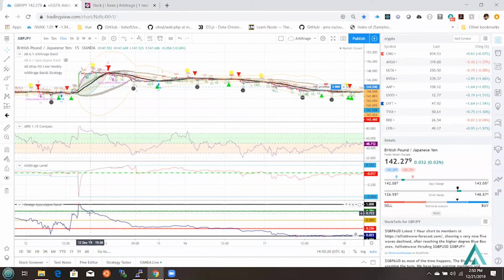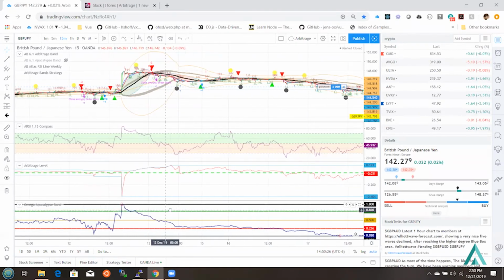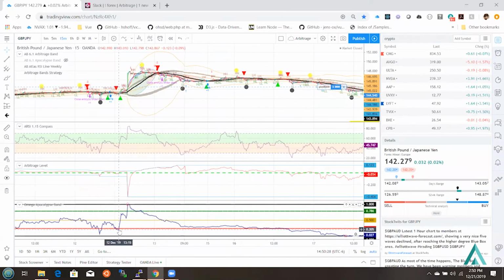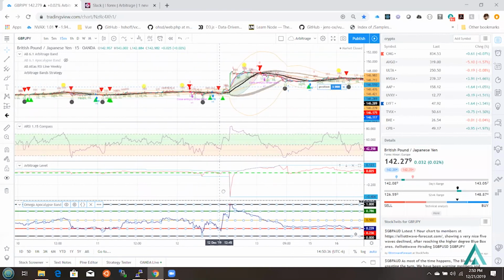So I see him going here. That's a sell signal. The moment I see the blue line go underneath the green, it's a sell signal. The moment I see it go back above the red, it's a buy signal. So I will be able to catch that huge breakout, just making sure that I'm there.